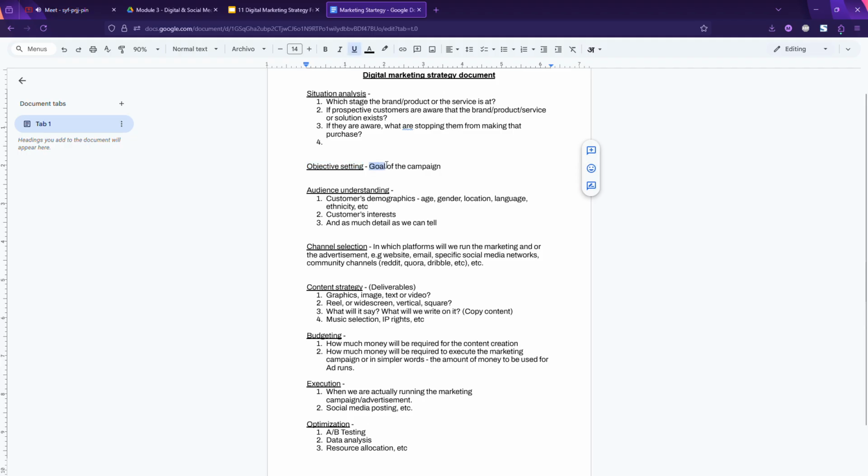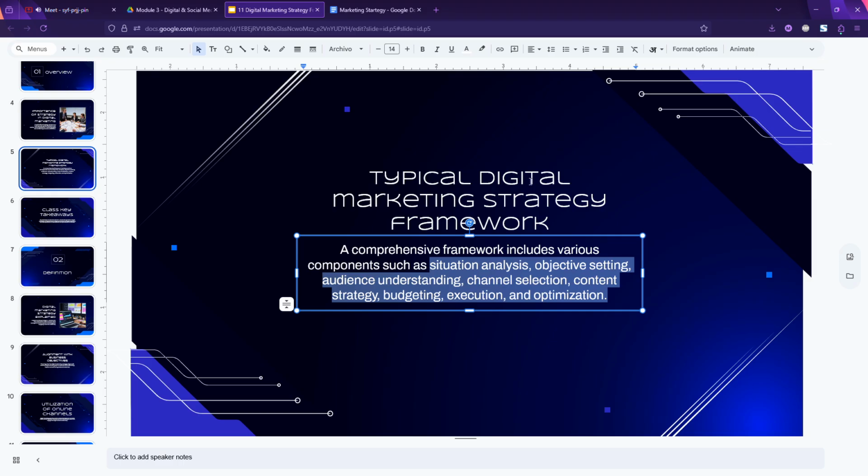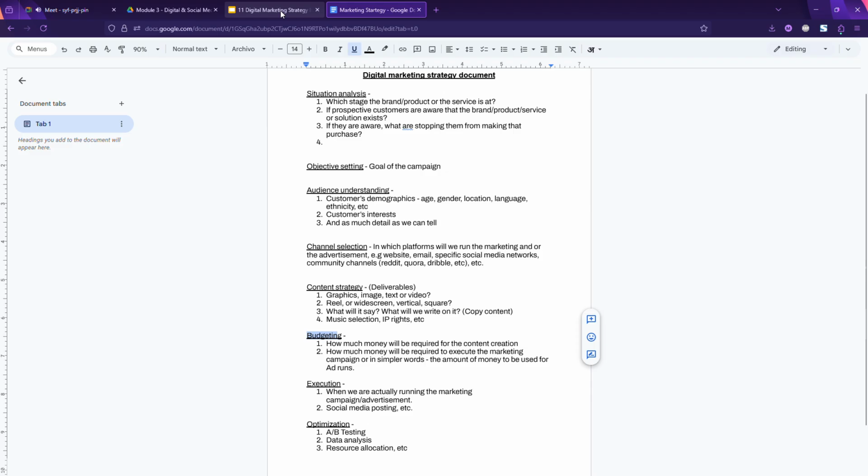They might just call it goal or objective. Audience understanding they might just call audience. So the names might be slightly different, but the meaning is typically this. That's the typical digital marketing strategy framework. I will share this as well.